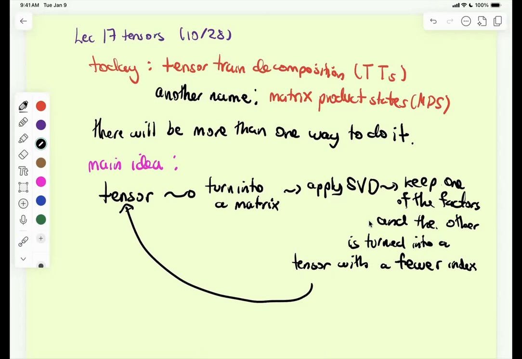Because now you have a tensor again. That's usually why it's called turning, because you keep moving one leg at a time.